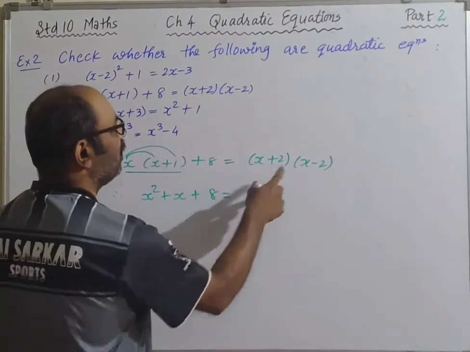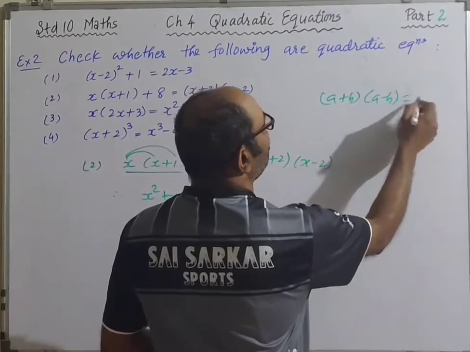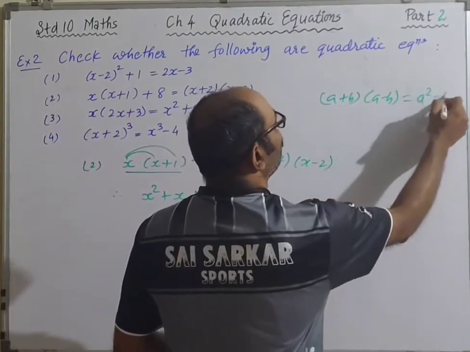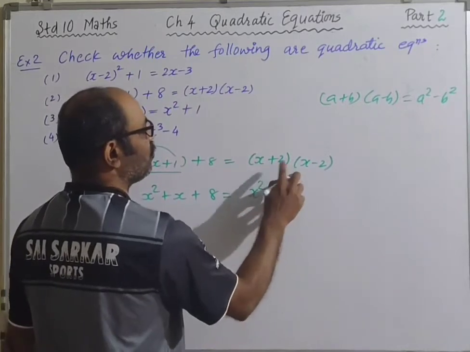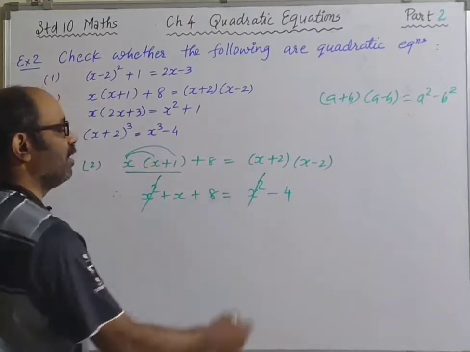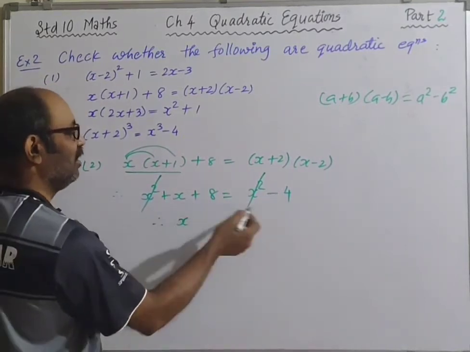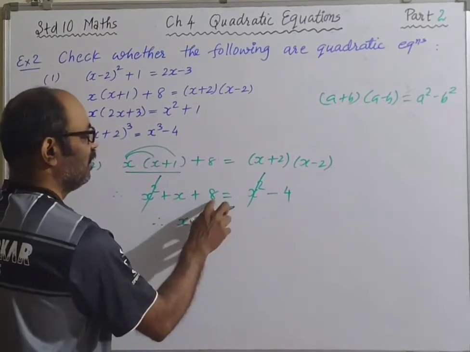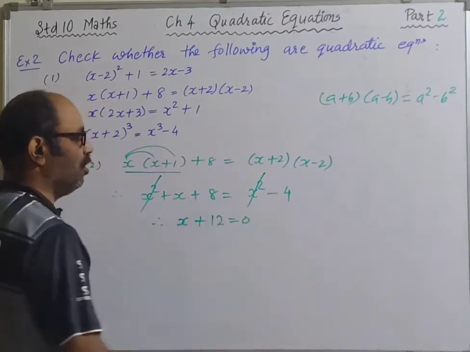Now this is (a plus b) into (a minus b). So what is the expansion? a square minus b square. So first term square, x square, minus 2 square, that is 4. x square is gone. Therefore, x plus 8 plus 4, that will be 12, equal to 0.